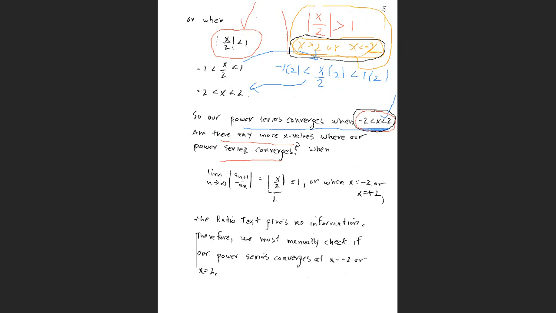Okay, the power series will converge when x is between -2 and 2, and the power series will diverge when x is greater than 2 or x is less than -2.